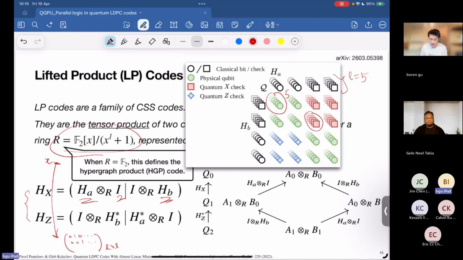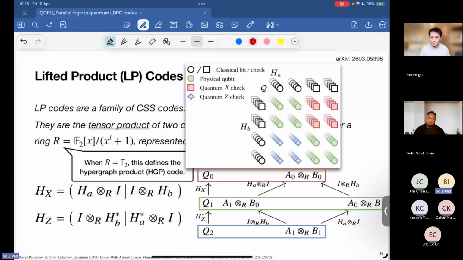Yes, and you can see in this chain complex diagram that we have such a correspondence, because we have two kinds of parity check matrix, HX and HZ. Then we are able to say that these two modules or vector spaces correspond to the check qubits.